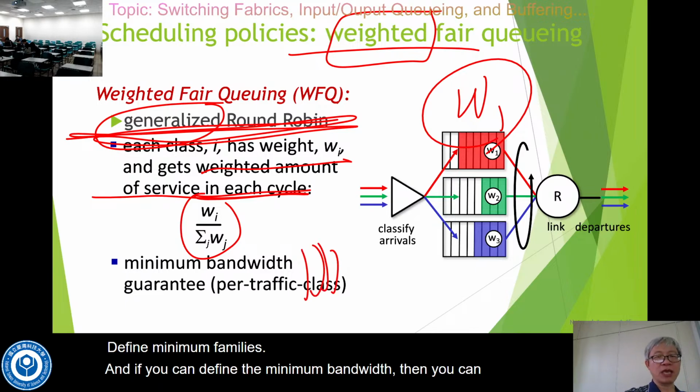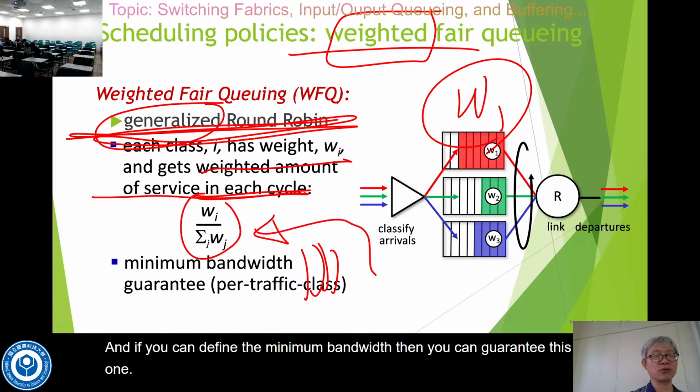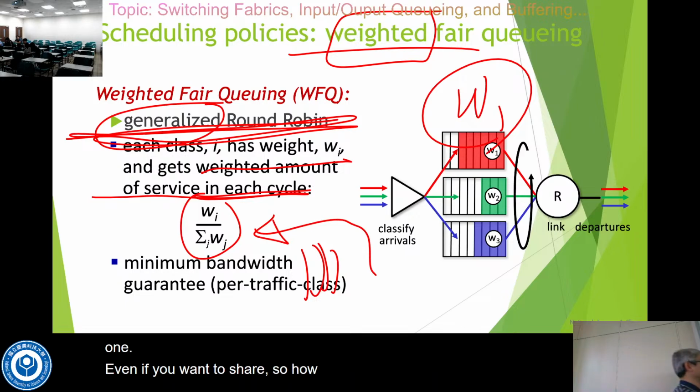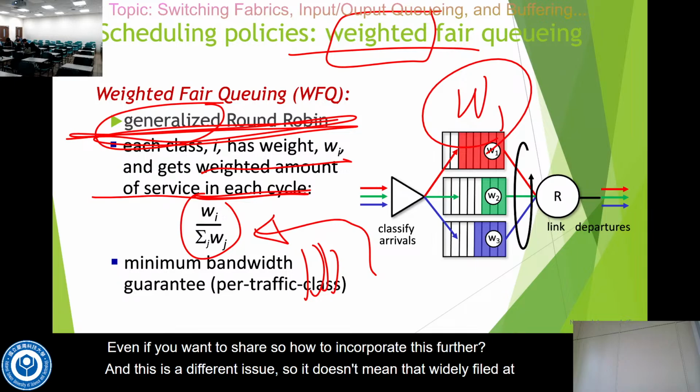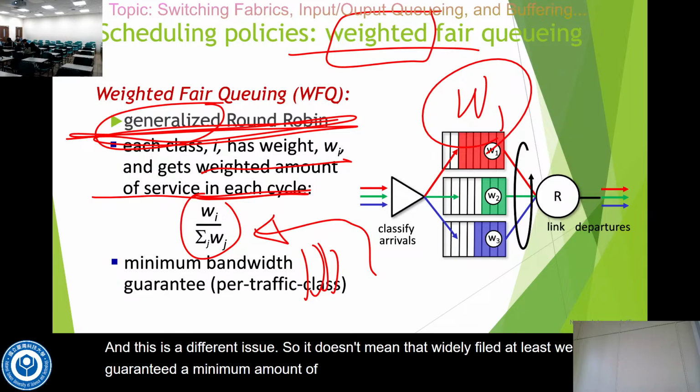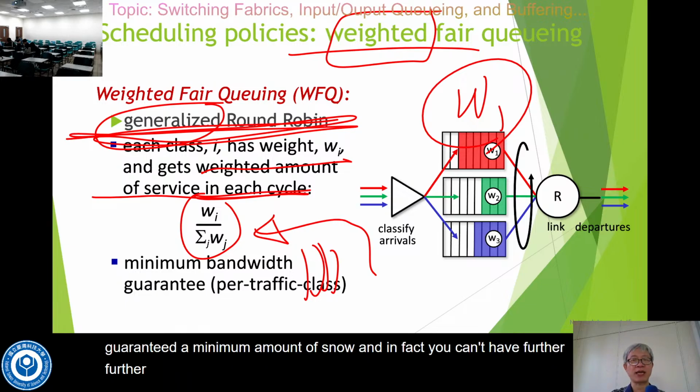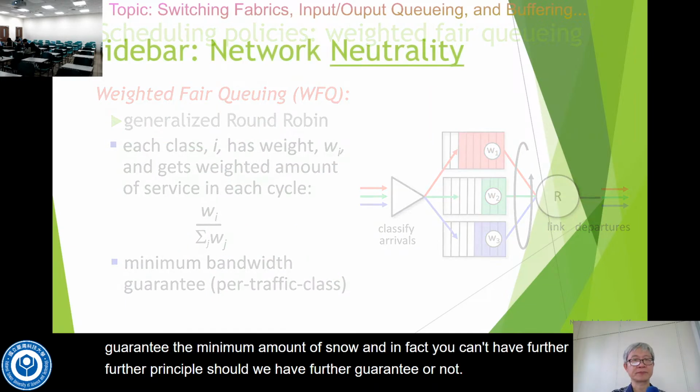Even if you want to share, how to incorporate this further is a different issue. So it doesn't mean weighted fair queuing will guarantee the minimum bandwidth. No. In fact, you can have a further principle: should we have the guarantee or not?